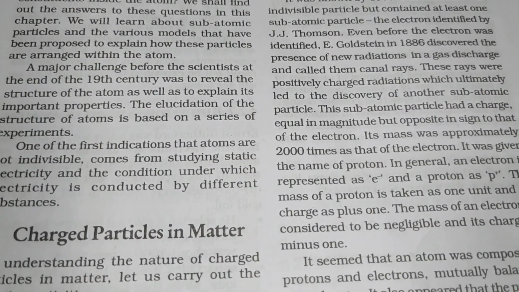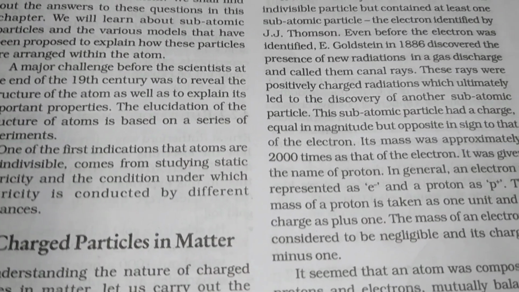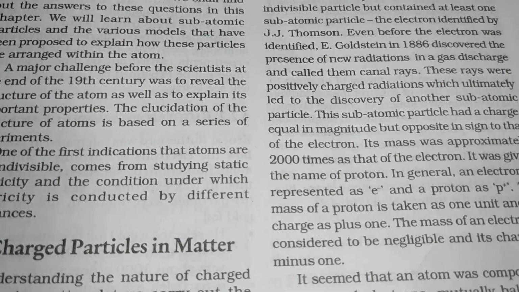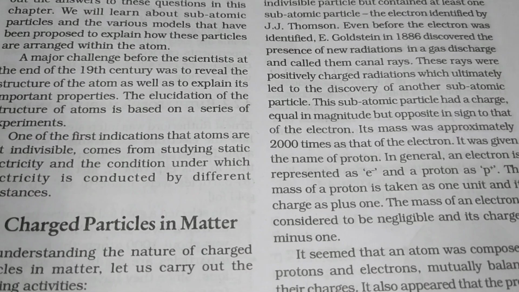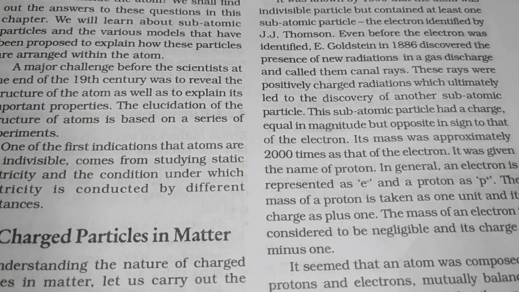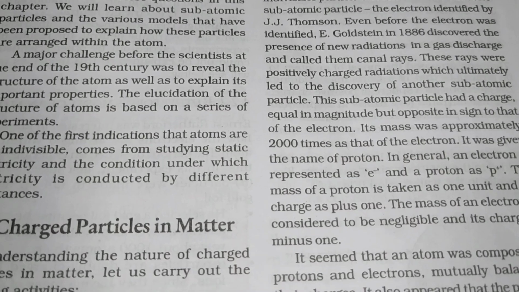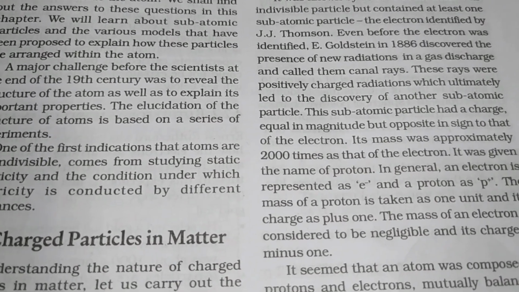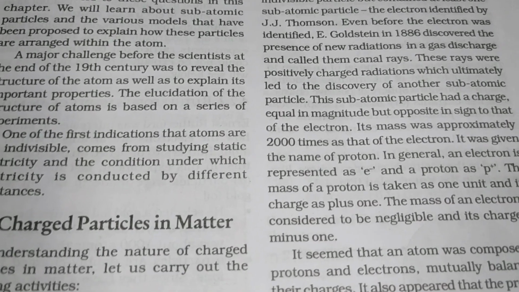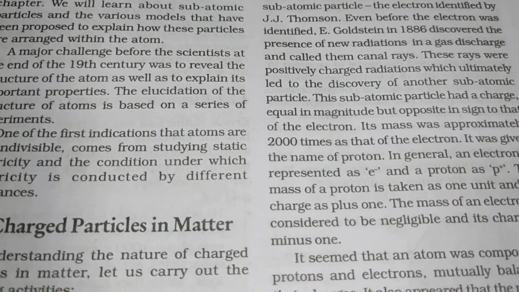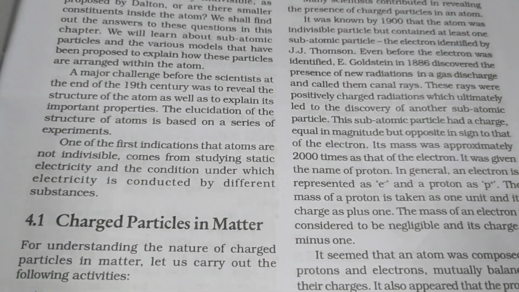These subatomic particles have charges equal in magnitude but opposite in sign. J.J. Thomson told that electrons are there and Goldstein told that positively charged radiations are there, and they are equal in magnitude but opposite in sign, positive and negative.